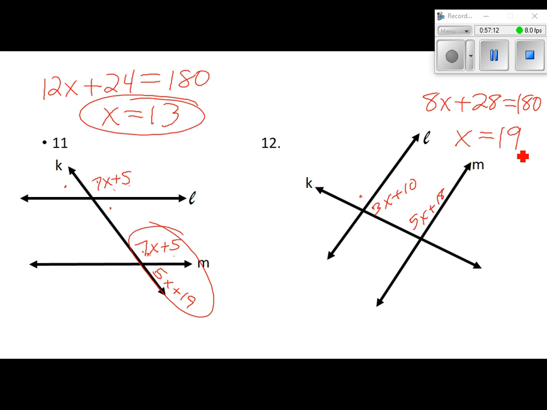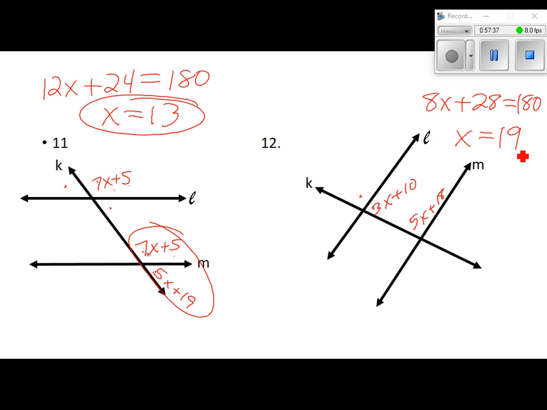Now, look at number 12. Now what do we do? So it's talking about these two angles here. You said they're what? They remain consecutive interior, right? So what about them?